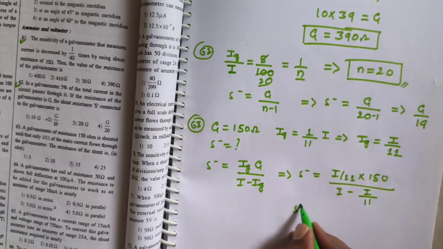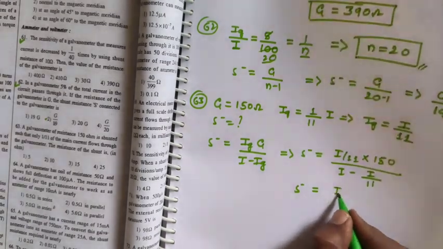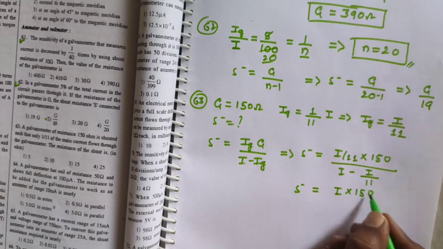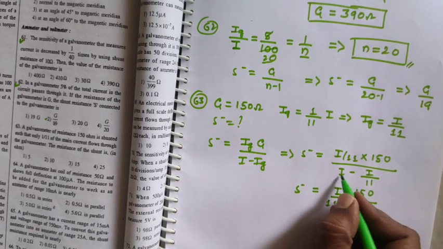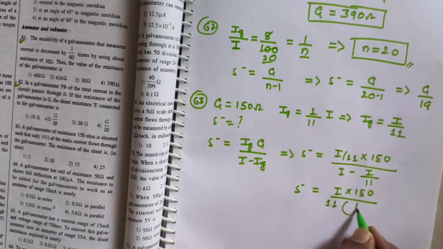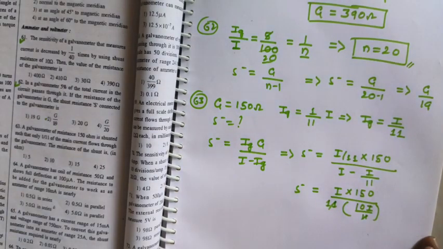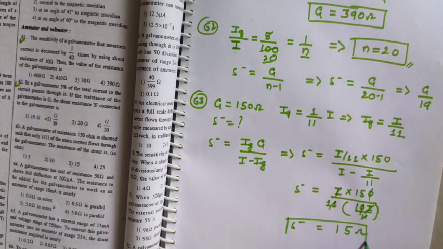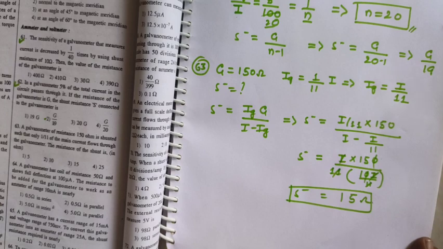Simplify this equation. I into 150, and this 11 I will take into the numerator. 11I minus I, that is 10I divided by 11. This term will get cancelled out, and the I term will also get cancelled out. So S is equal to 15 ohm. Shunt resistance or low resistance value is 15 ohm.